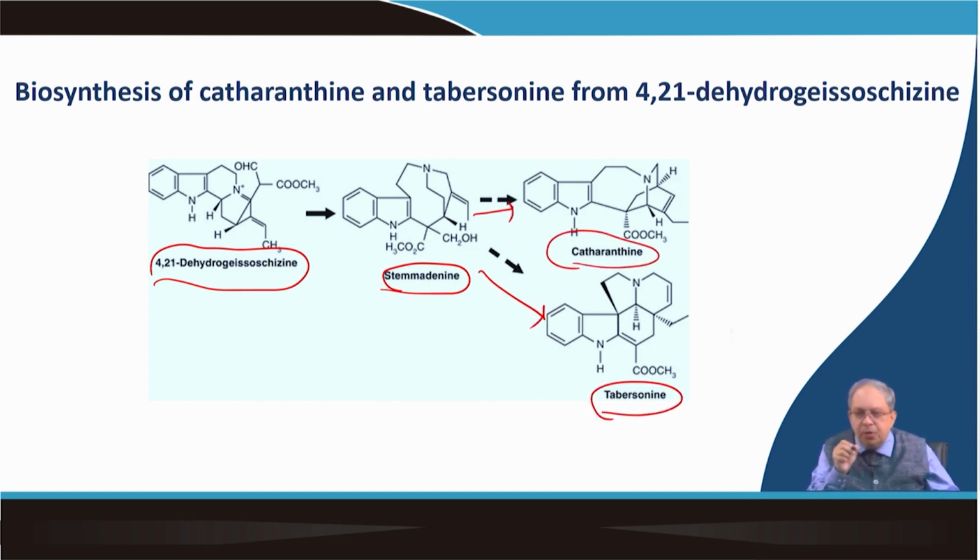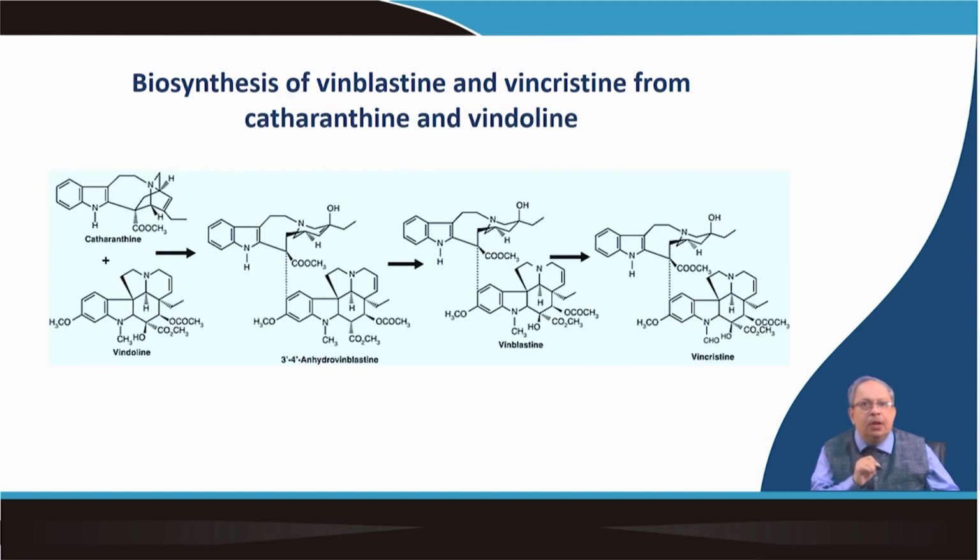So, the purpose is just to make an overview, so that things will percolate and settle in your mind. That is why I am showing these things again and again with the structures. And then this also I have covered, that first 3',4'-anhydrovinblastine is formed, then vinblastine, and then finally vincristine.